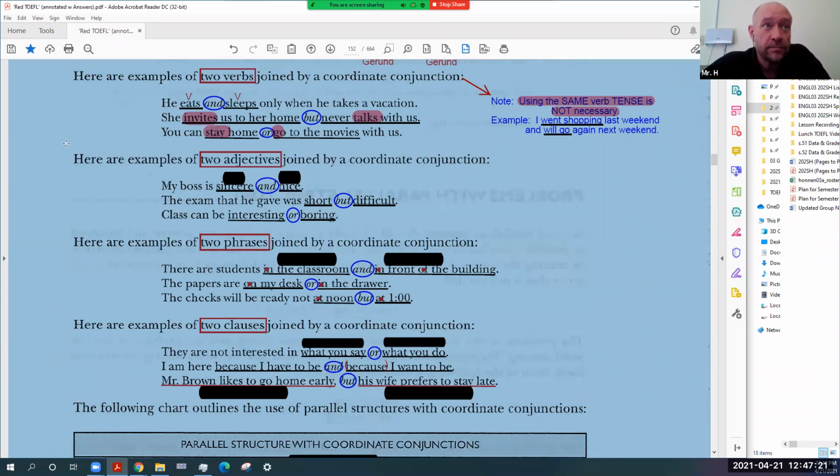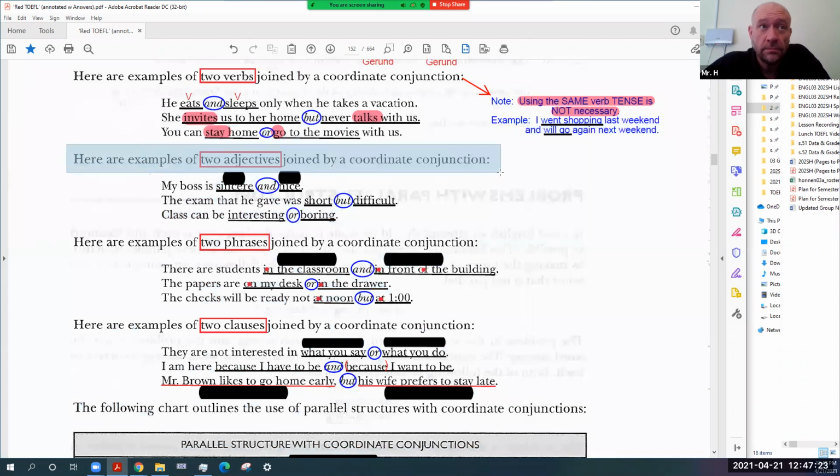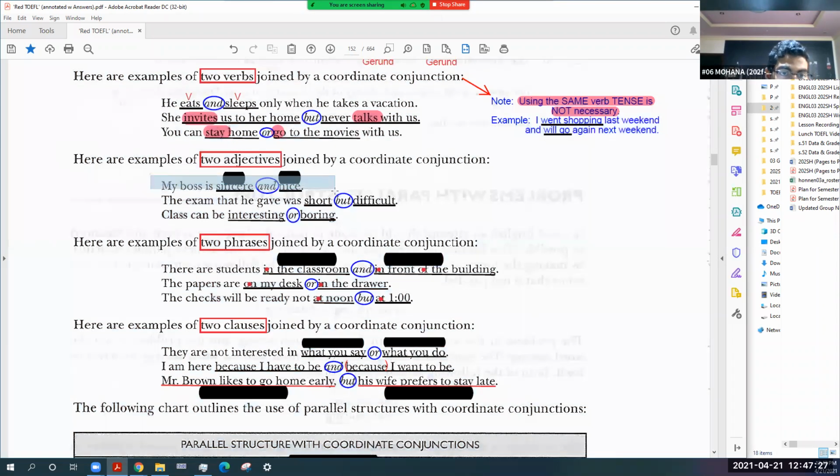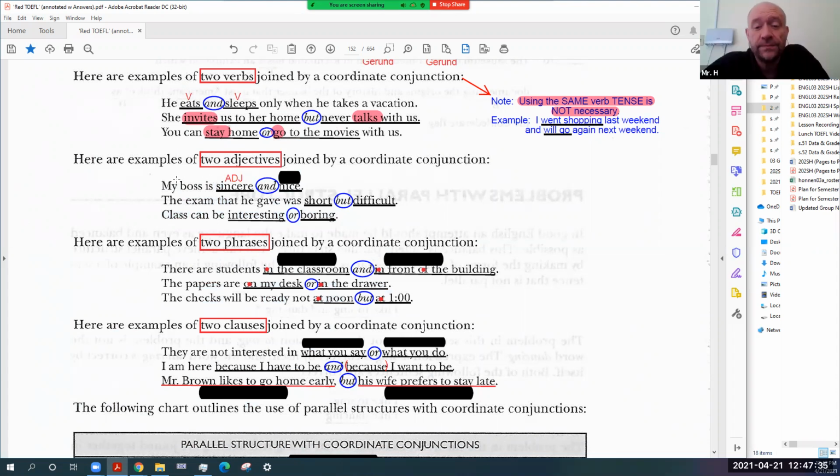Mohana. Here are examples of two adjectives. Okay, my boss. Go ahead. My boss is sincere and nice. And what are they? Adjectives. All right, Khalid.